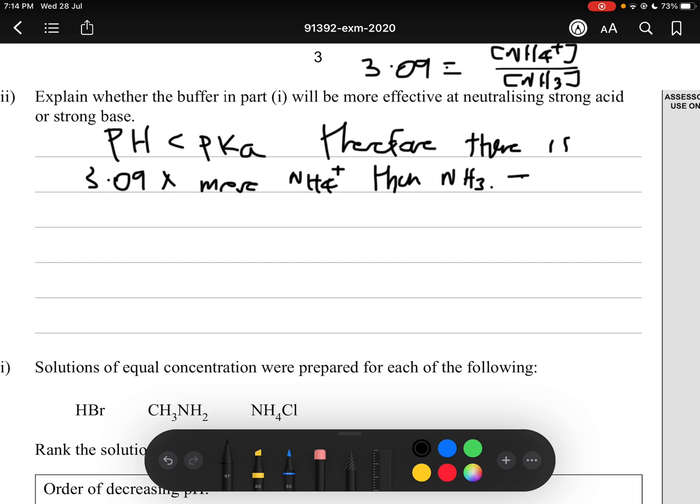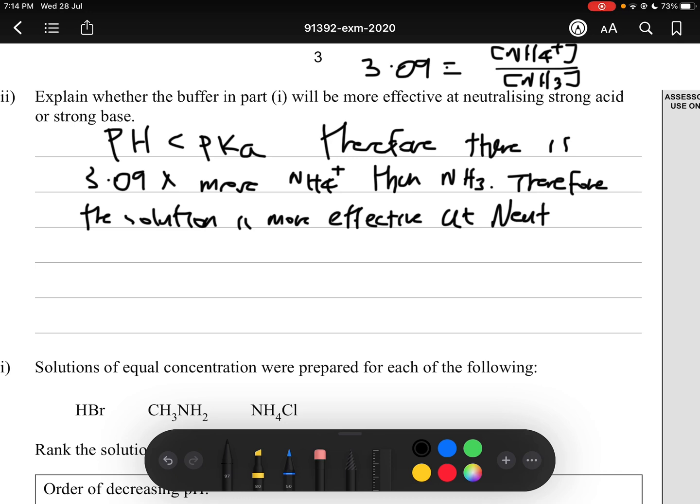So we can say, therefore, the solution is more effective at neutralizing the added base, since there's more acid available to get rid of the added OH minus.